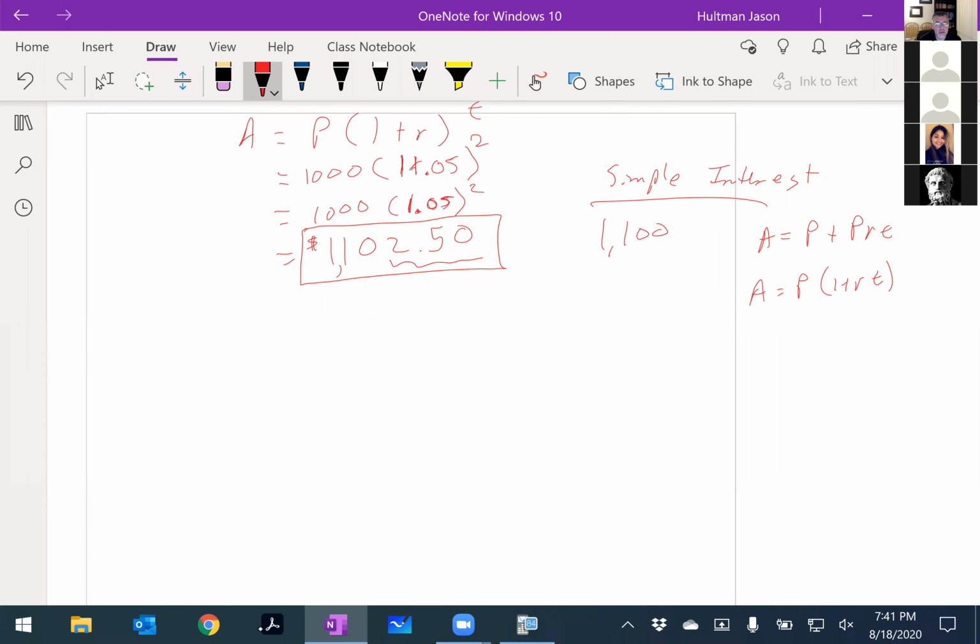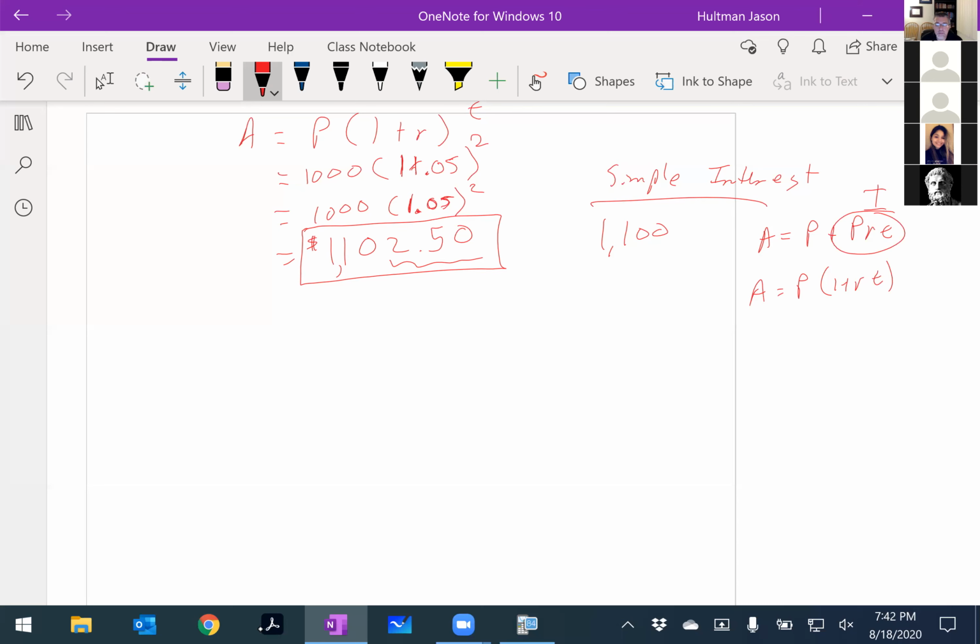I'm just saying, take my principal, multiply it times my rate, and then multiply it times my time. So I would make $50 every year. This is the interest that I'm making for simple interest, the PRT.